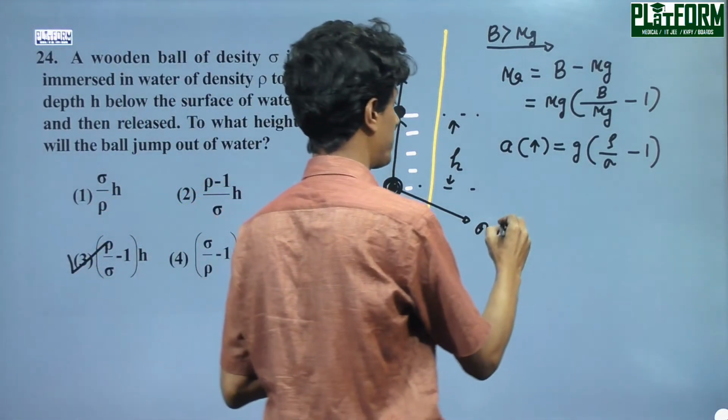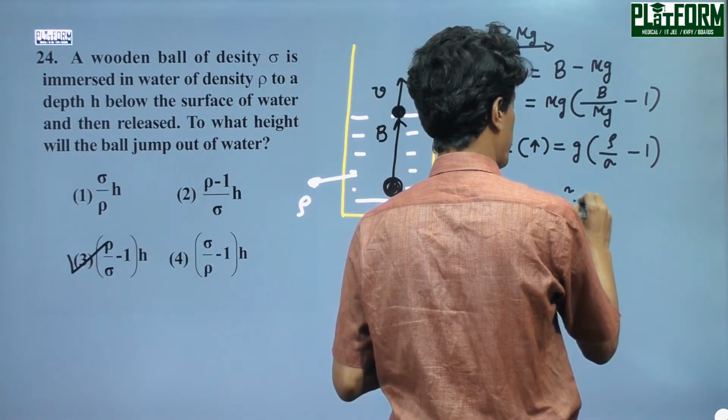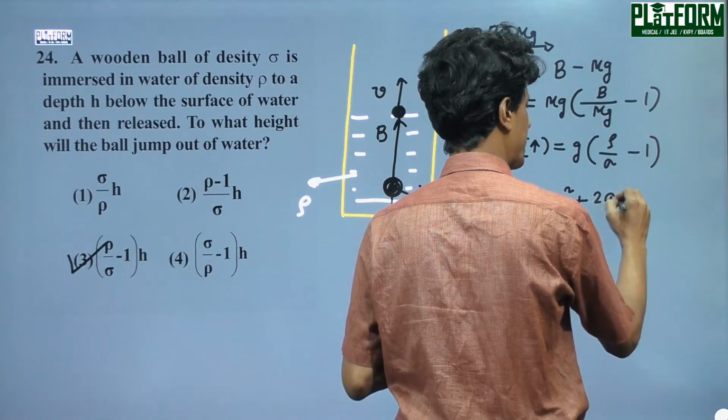We know the velocity at the surface of water, v square equal to u square plus twice a h.